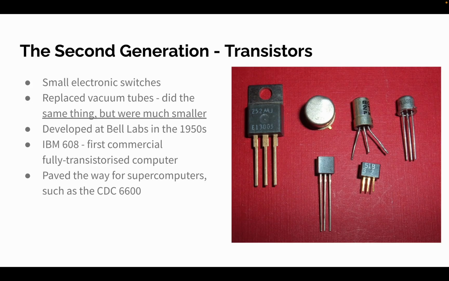So we have the second generation of computing, the transistors. These are small electronic switches. They replaced the vacuum tubes because they did the same thing, but as you can see, they're much, much smaller. They were first developed at Bell Laboratories in the 1950s, and they had many use cases.